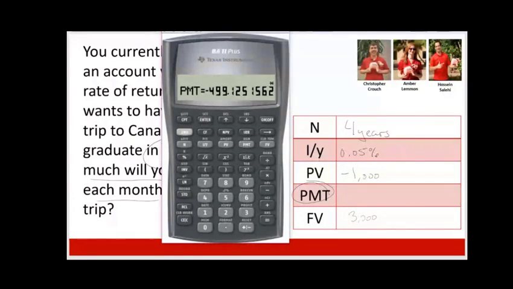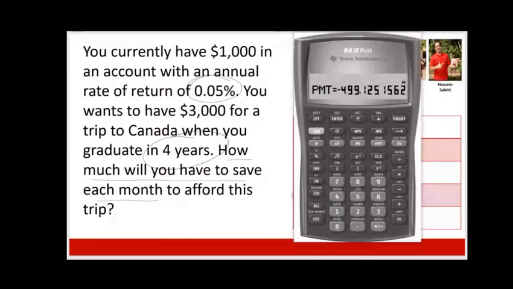So let's do a quick sanity check here. So we want to save monthly to go to Canada. So we need to save $500 a month.